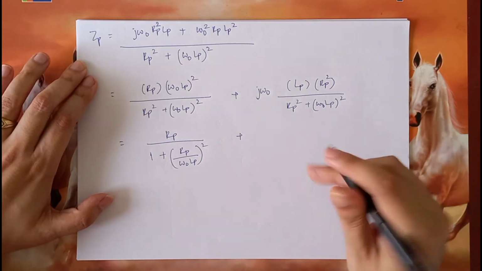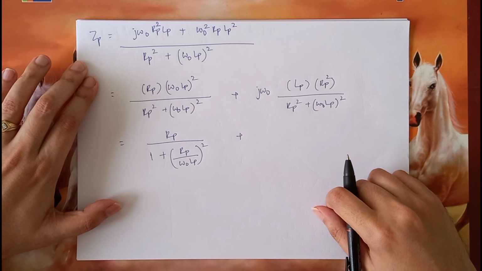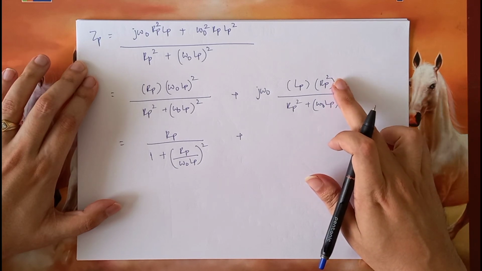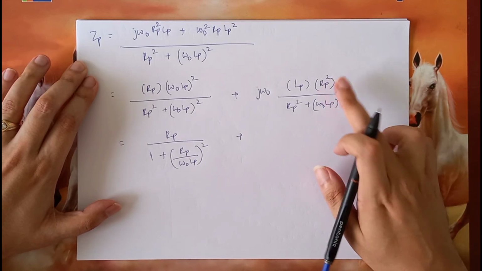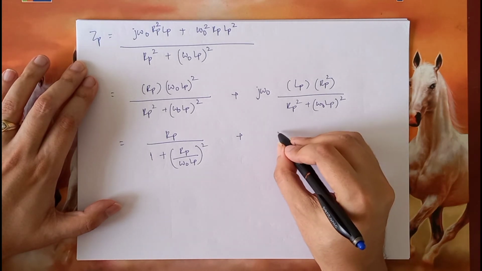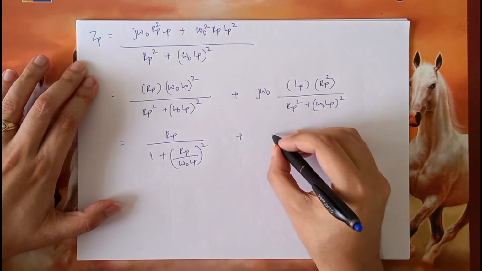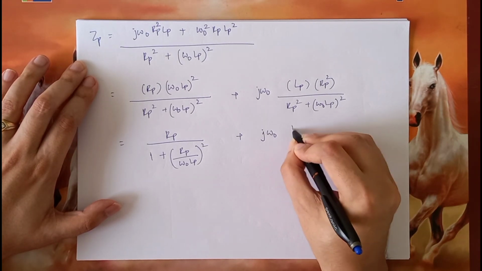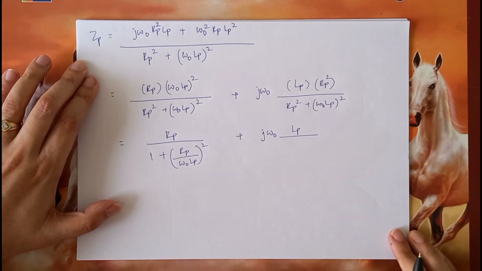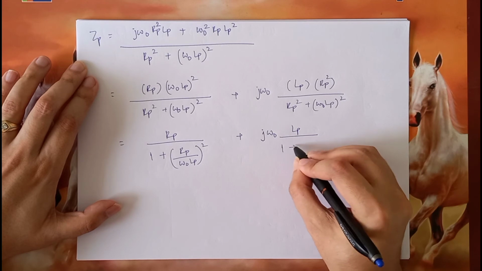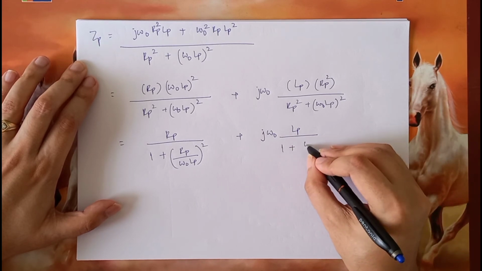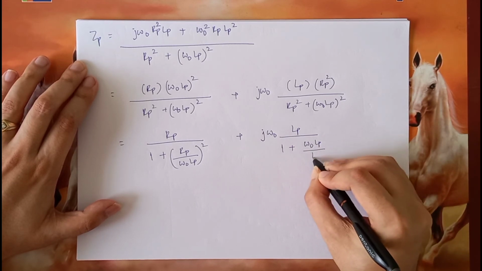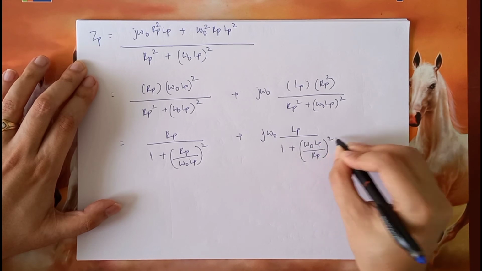Whereas this quantity, if we divide both by RP square, this will vanish, and this will become 1, and we will get omega 0 LP divided by RP the whole square.